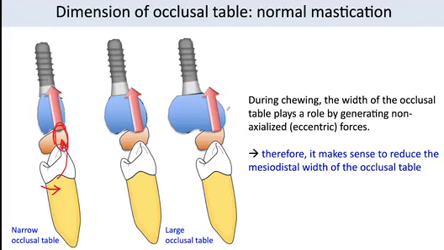And if the crown is very large, like this, you have forces with an important moment of force, clearly more important than here. So from mastication, it is interesting to reduce the occlusal morphology.